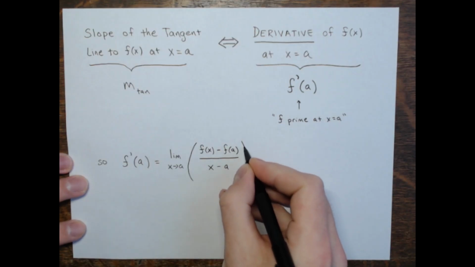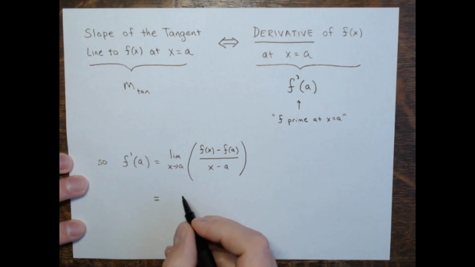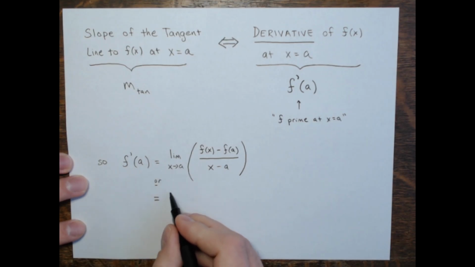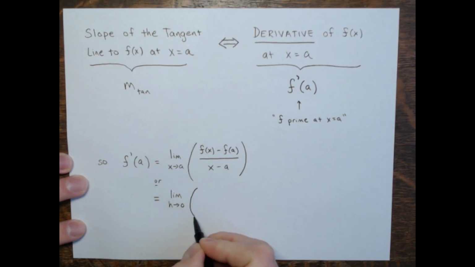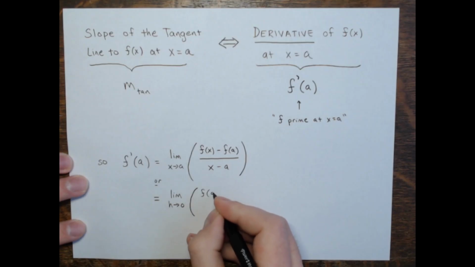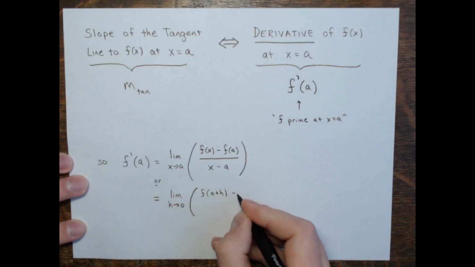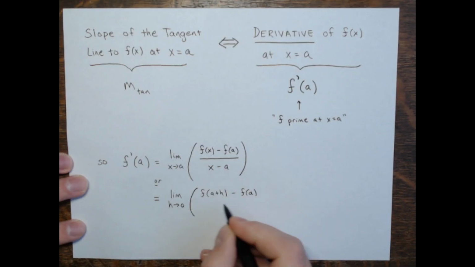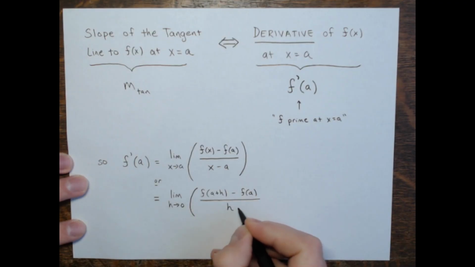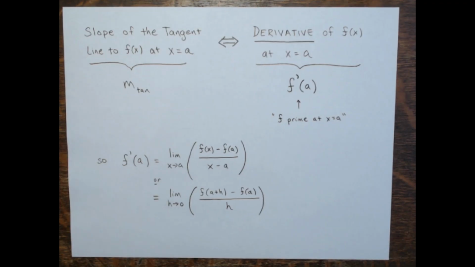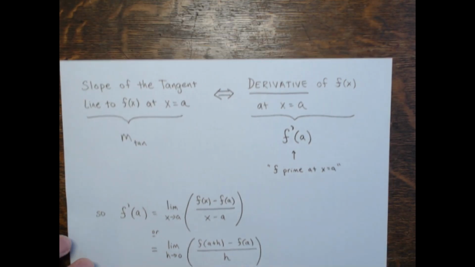Remember, this was the one definition, or equal to the limit as h approaches 0 of the value of f at a plus h minus the value of f at a divided by h. Right. Okay, so no different. It really is no different.